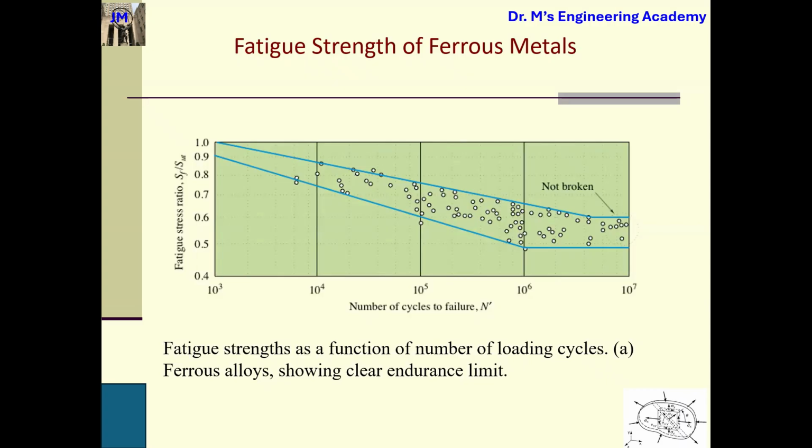One more time. The physical significance of the endurance limit is that if you apply a stress level lower than the endurance limit, then no matter how many cycles you apply to this specimen, your specimen will not fail, theoretically.